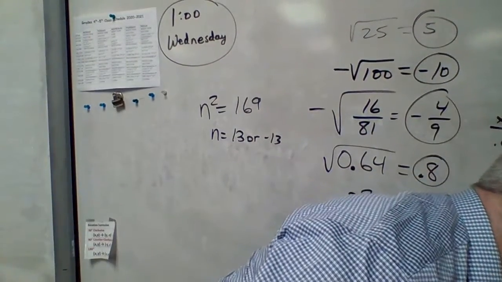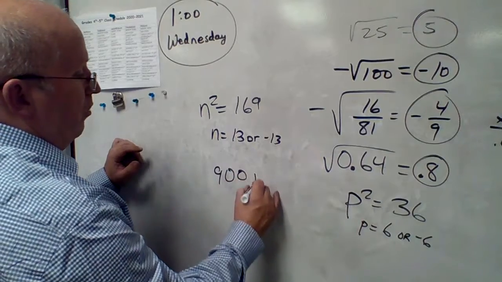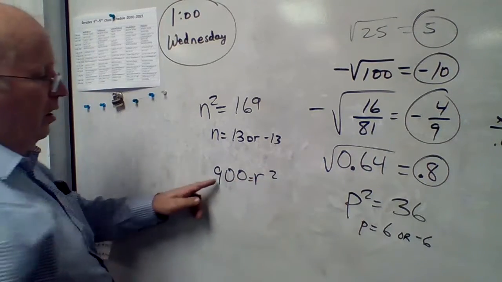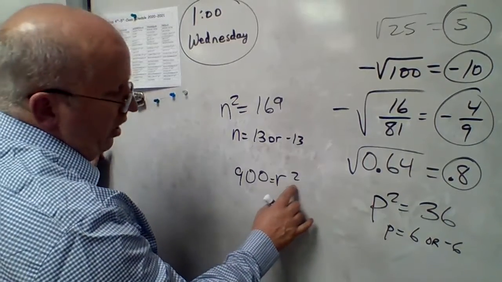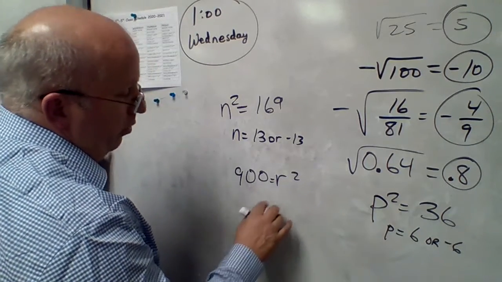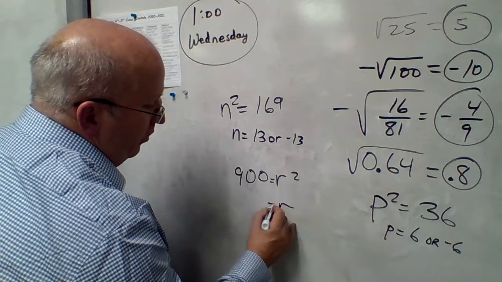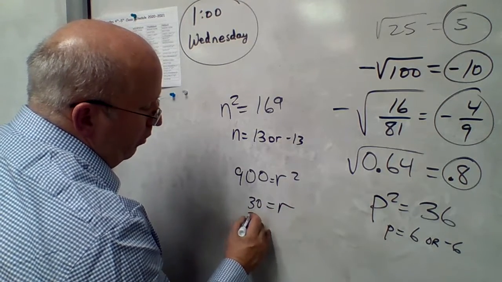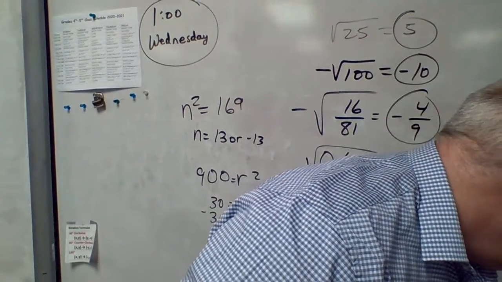How about the next one? 900 equals r squared. Well, isn't that r times r equals 900? Or what number times itself equals 900? And if you take the square root, you get either 30 or negative 30 as an answer to that particular problem.